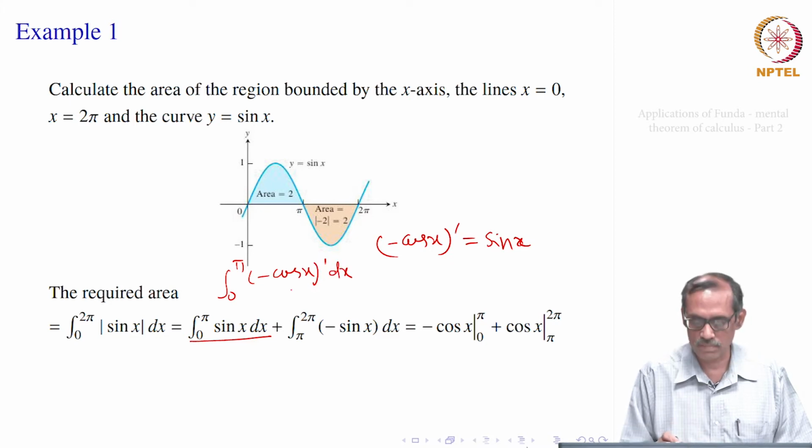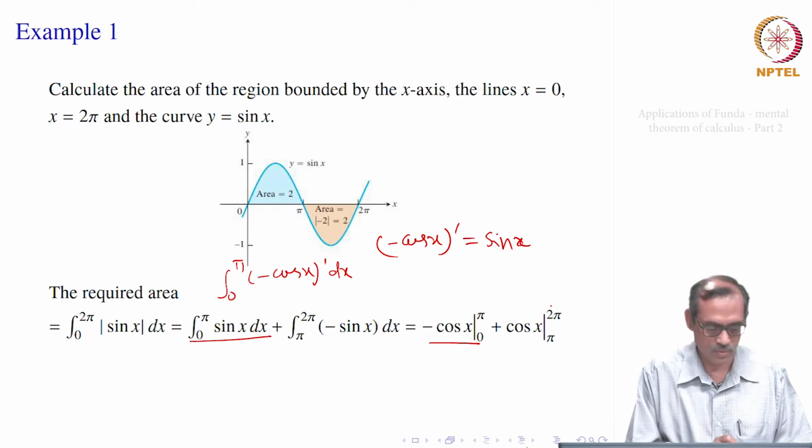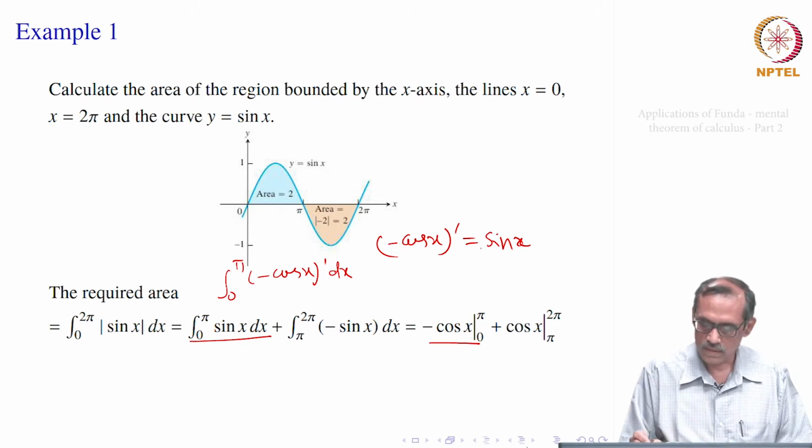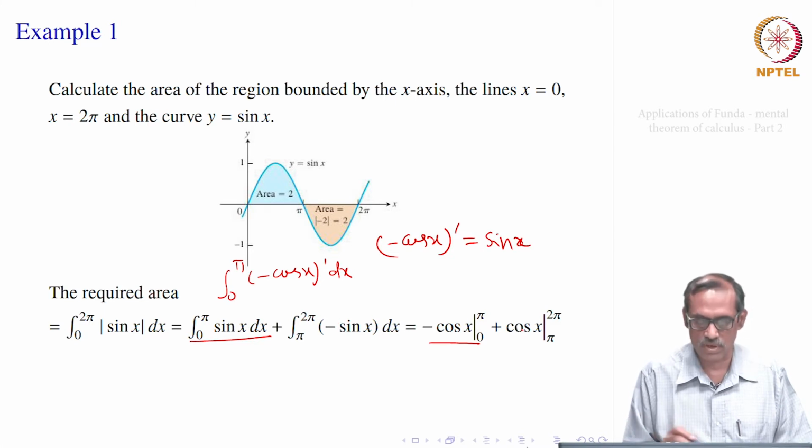So, by the fundamental theorem, that should give minus cos x evaluated at pi minus minus cos x evaluated at 0, which we write this way with a vertical line 0 to pi. Then similarly, the other one is from pi to 2 pi, because already minus sin x is there. So, this one is the derivative of minus cos x, and the second one is minus sin x, which is in the form of the integral from pi to 2 pi of the derivative of cos x dx. So, that gives you cos x in the integral.